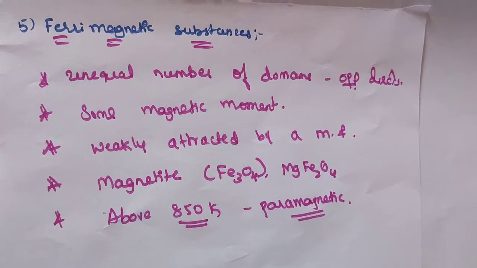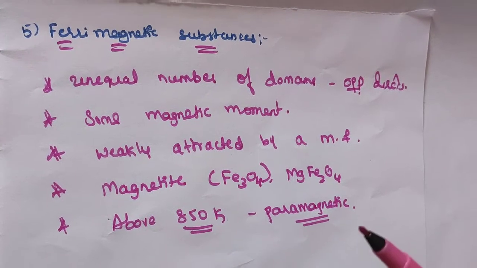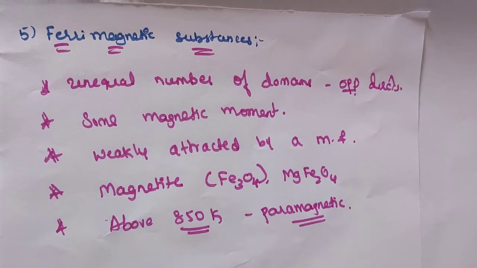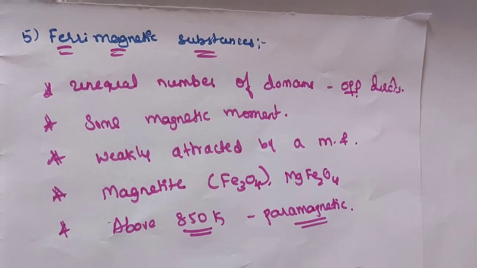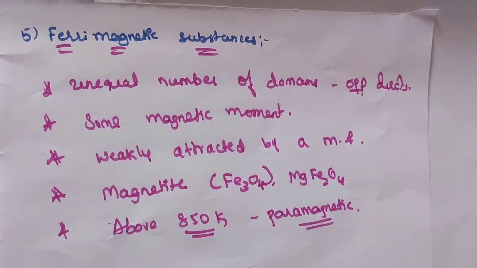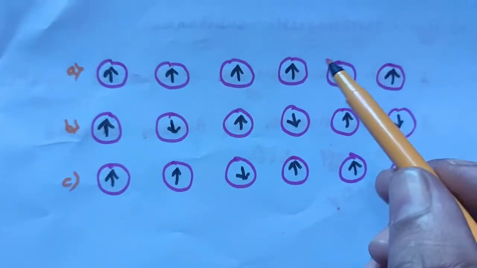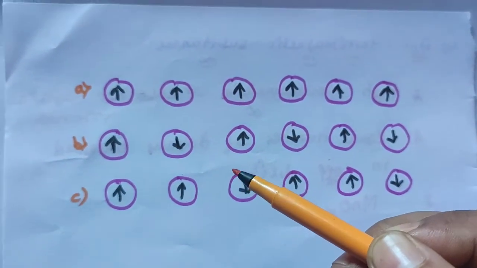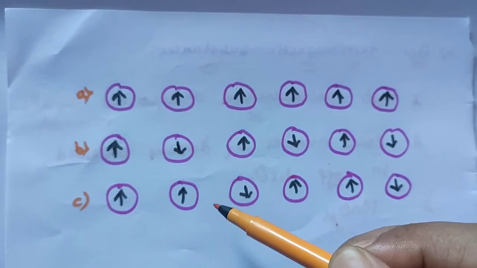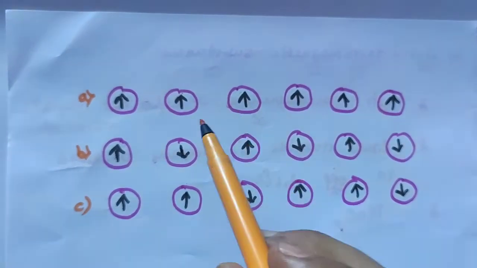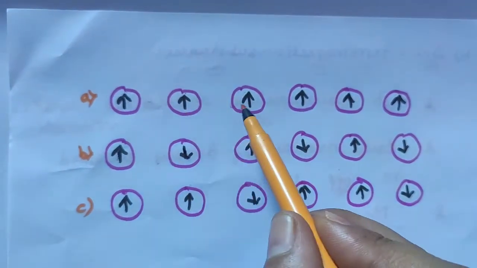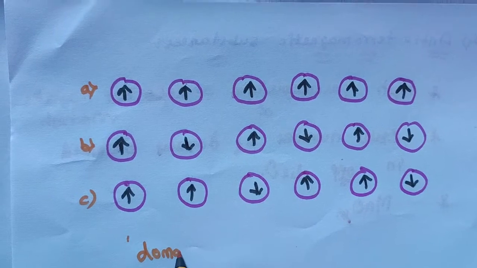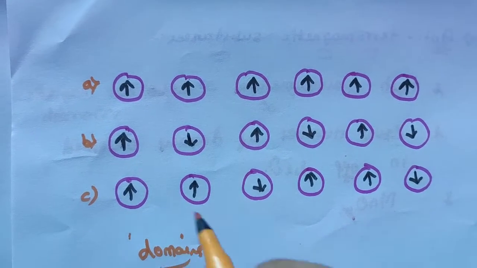Now we will learn about the schematic alignment of magnetic moments in ferromagnetic, antiferromagnetic and ferrimagnetic substances. Here you can observe the three types of magnetic substances. This arrow mark represents the domains, or you can say paired or unpaired electrons.